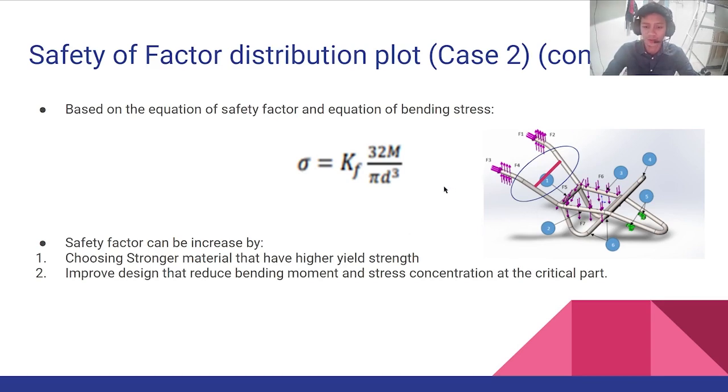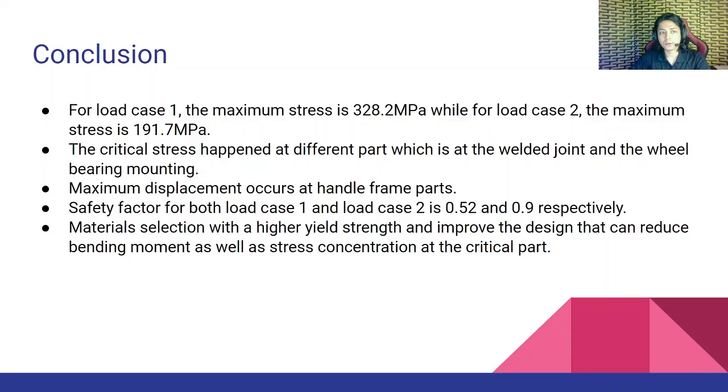to reduce the maximum displacement. To conclude, for load case 1, the maximum stress is 328.2 megapascal, while for load case 2, the maximum stress is 181.7 megapascal. From this, it can be seen that load case 1 has a higher maximum stress compared to the second case.